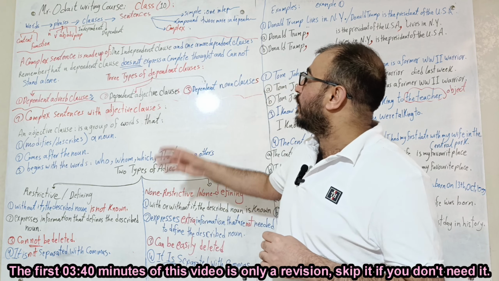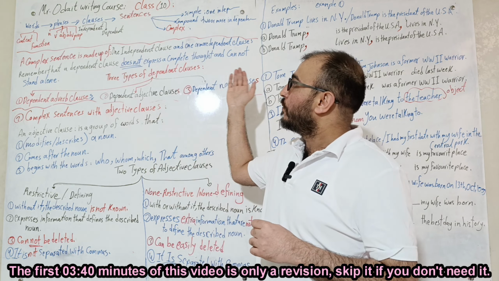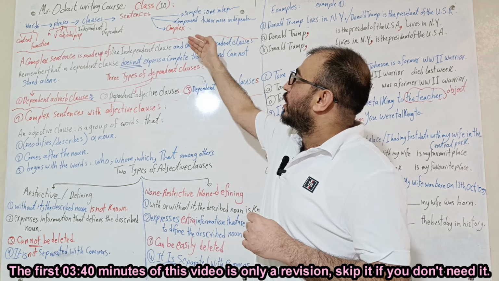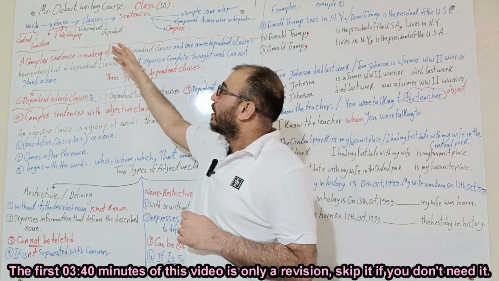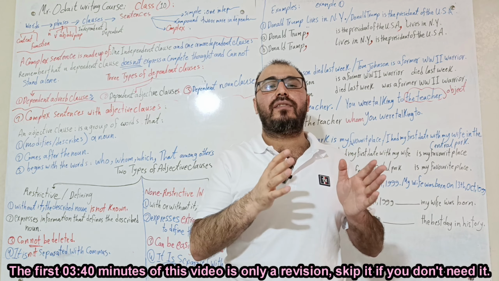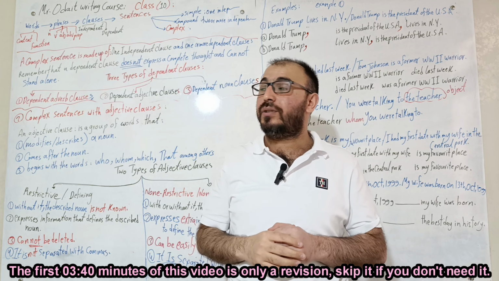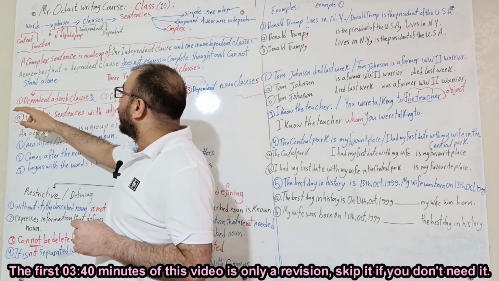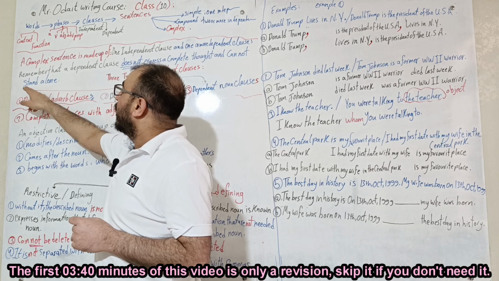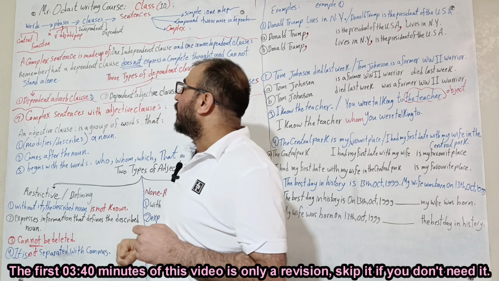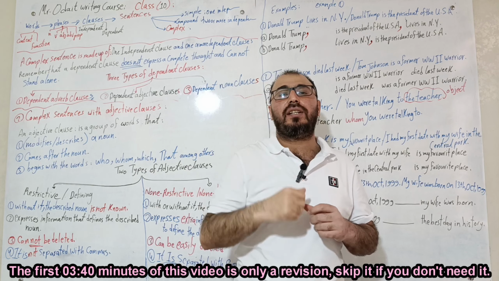And now, my friends, after we have finished talking about dependent and independent clauses, we talked in the 9th class about three types of complex sentences, because we have three types of dependent clauses. The first type is called complex sentences with dependent adverb clauses, and we said that we have three types of them.